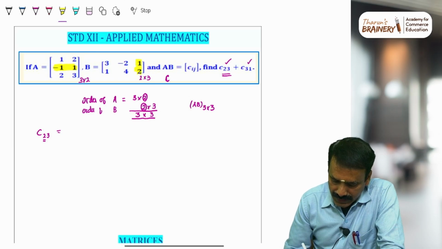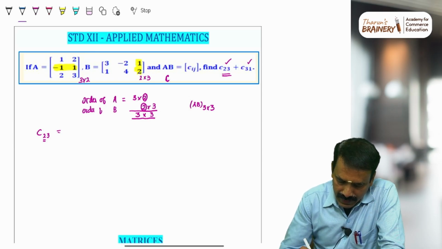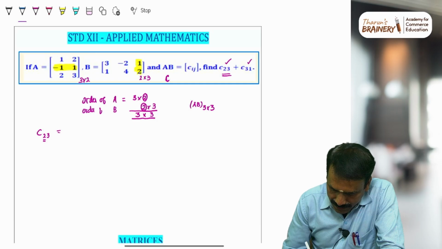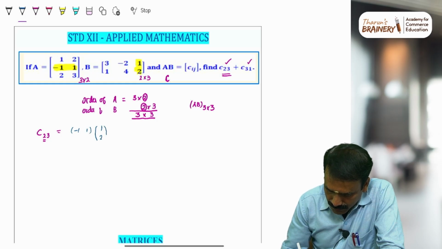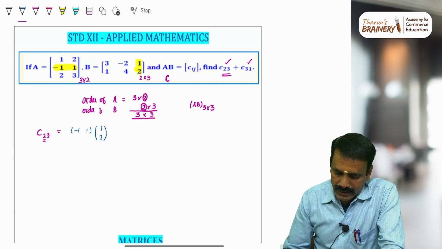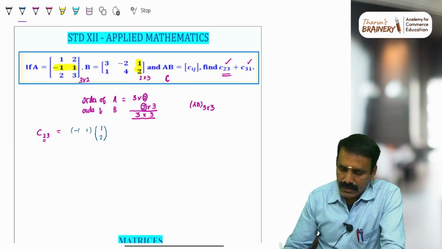Okay, C23 is obtained by multiplying the second row of the first matrix, that is minus 1, 1, with the third column. What is that? 1 and 2. Is it clear? Do you understand?